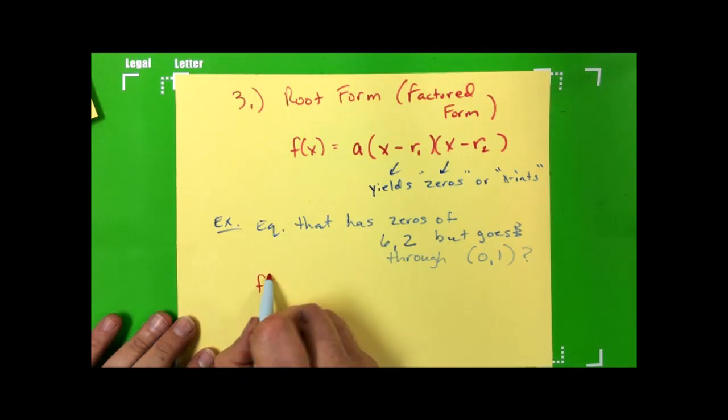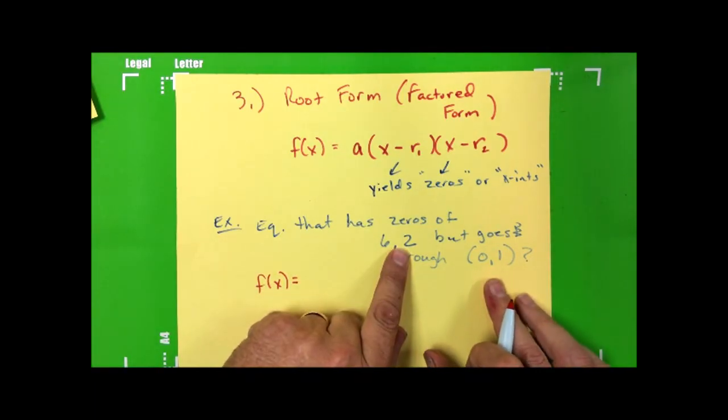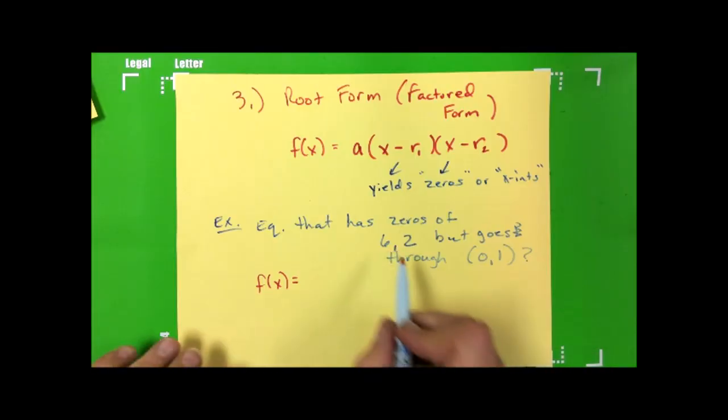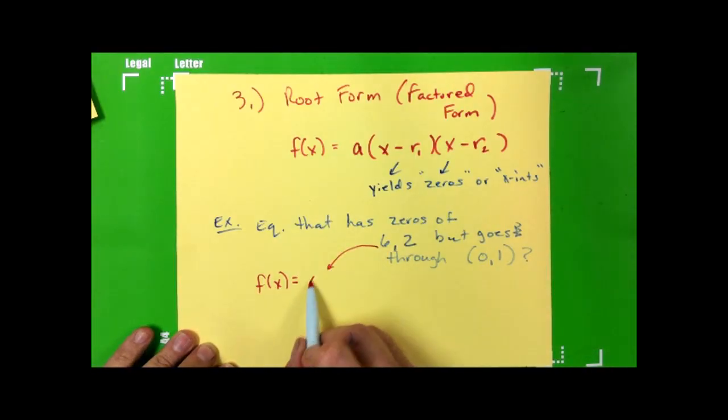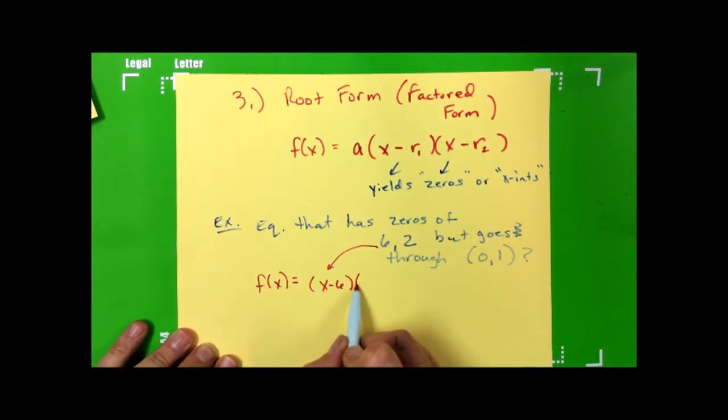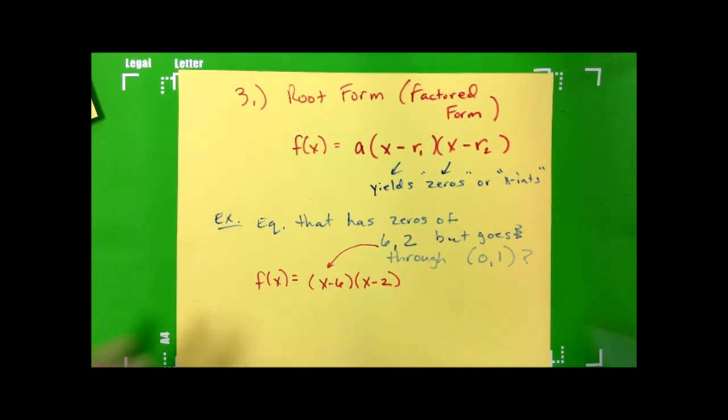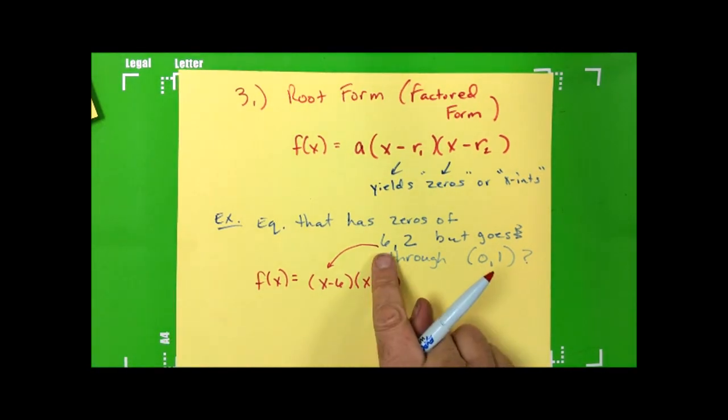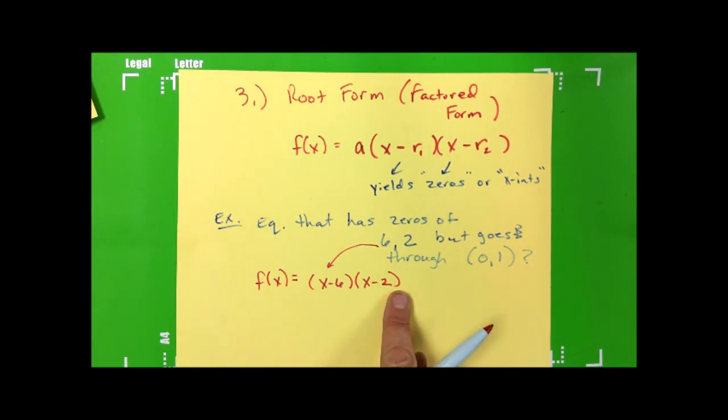Well, I'm going to use the root form. Because zeros have to come from opposite factors. So I know right now, the moment I say that these are zeros, it has to come from that as an equation.